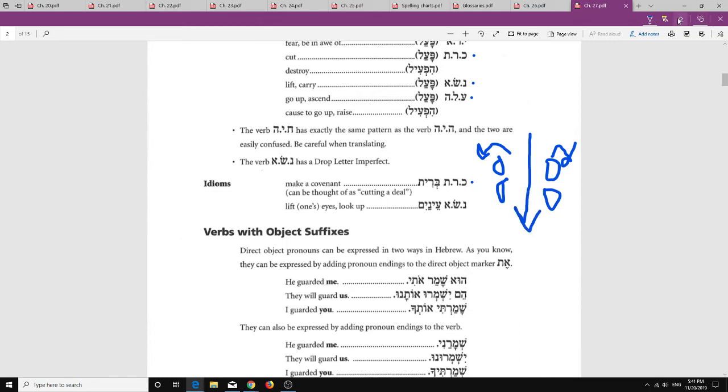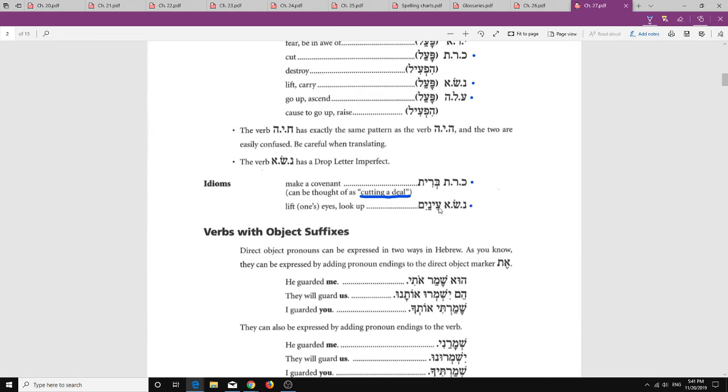That's how they made their covenant. I think that is the background behind this phrase, to cut a covenant, because you cut the animals in half and then you walk through them. But our authors also give us this idea of cutting a deal, maybe, as a modern interpretation of that.